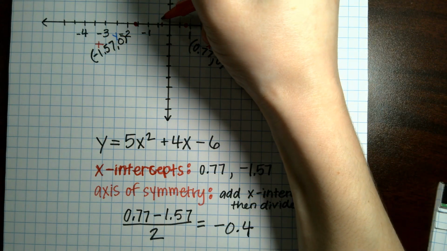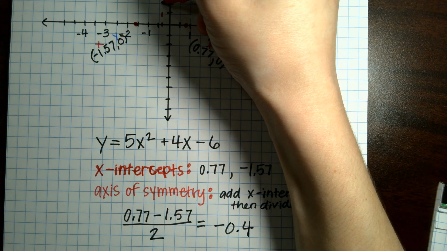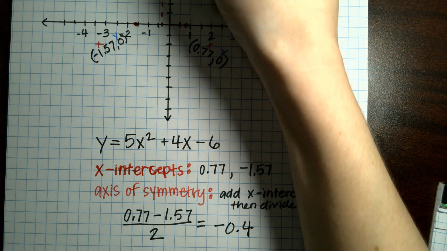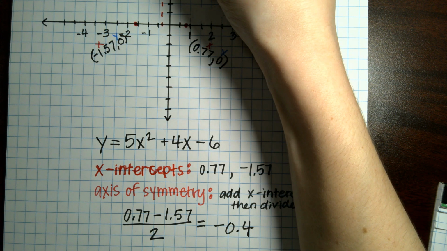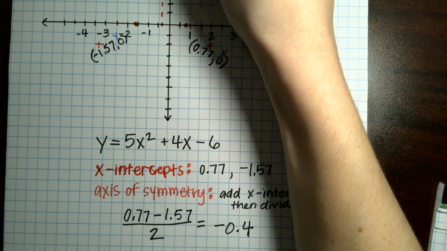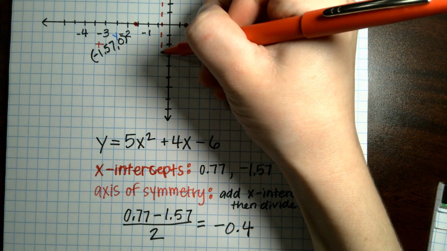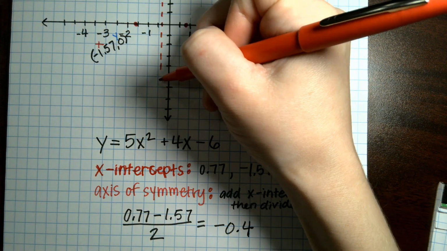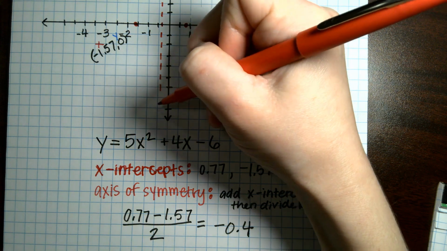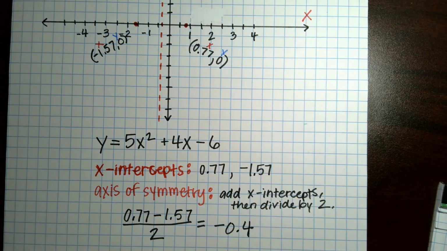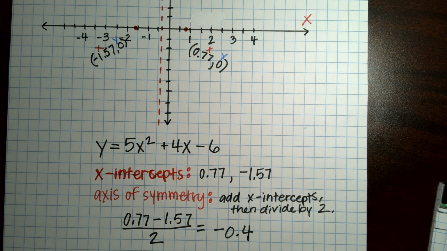So I'm going to make it a dotted line, like this. So that's the midpoint, basically. That's the midpoint. It's the axis of symmetry.